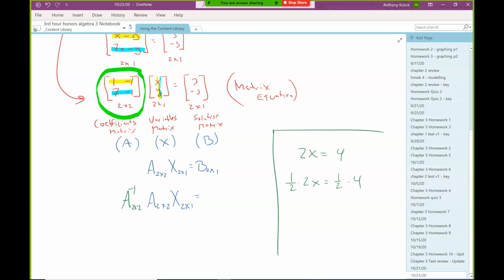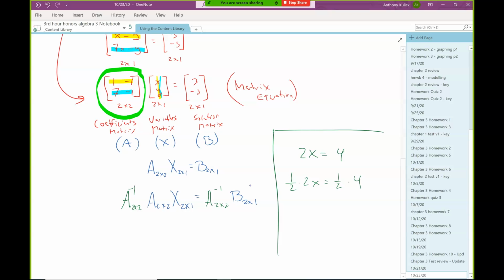Is it going to go before the B or after the B? Has to be before the B. Why can't it go after the B? Okay, it's before on the other side. There's another even better reason than that. What's the dimension of A inverse going to be? It's going to be a 2 by 2, right?